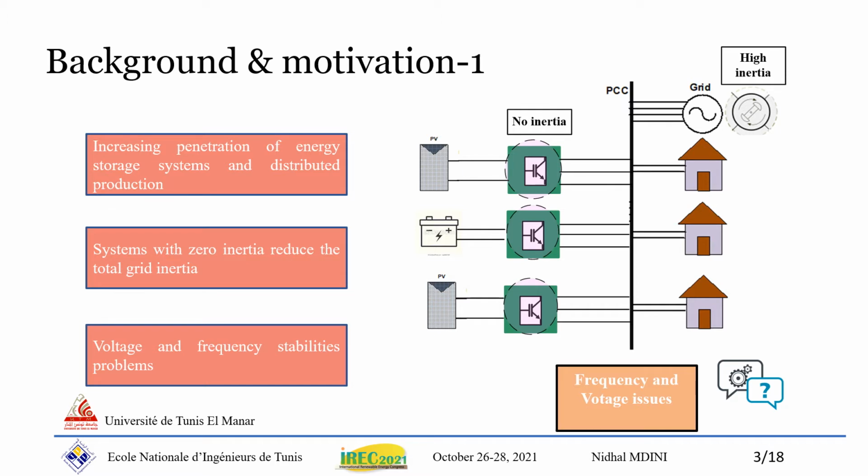The total grid low inertia results in voltage and frequency stability issues. Many microgrid controls are developed in literature to regulate voltage and frequency, especially for load variation and in grid fault.